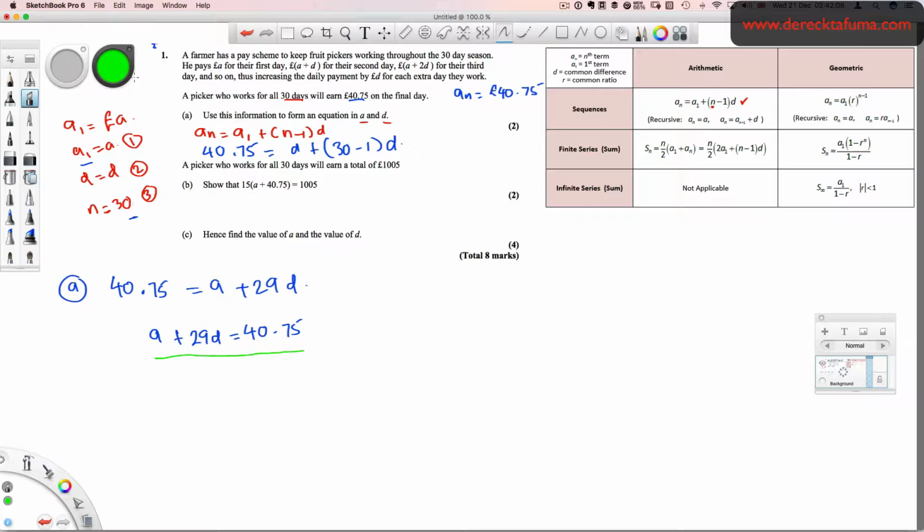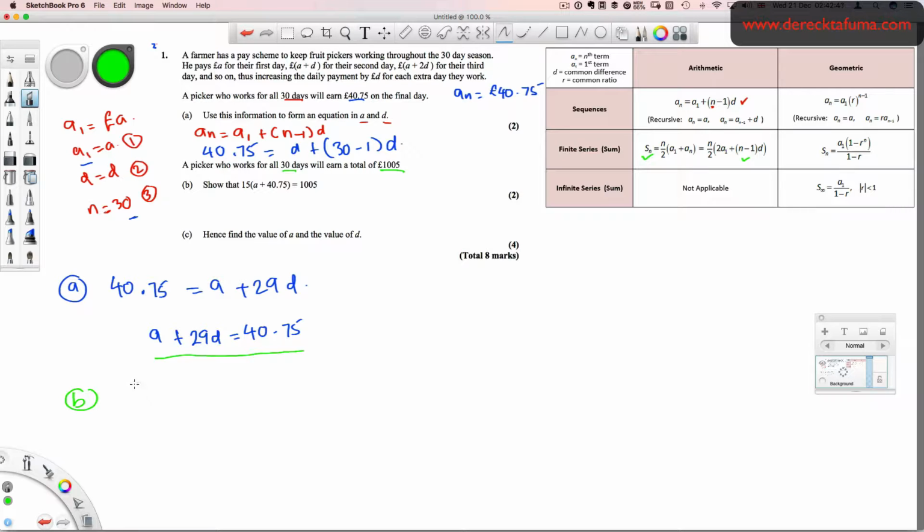Part B, we're going to start over here. Show that 15 brackets A plus 40.75 equals 1005. The question says that a picker who works for all 30 days will earn a total of 1005. For this one, we can use either equation.